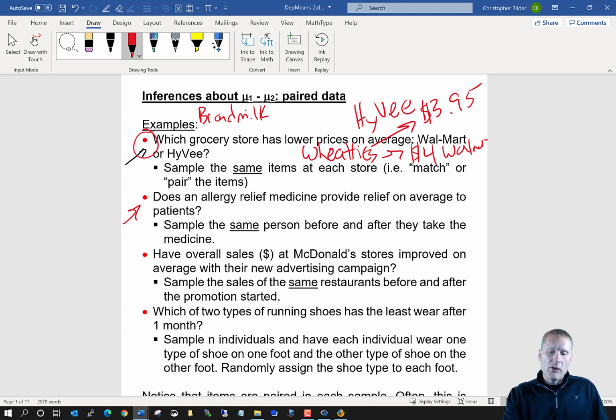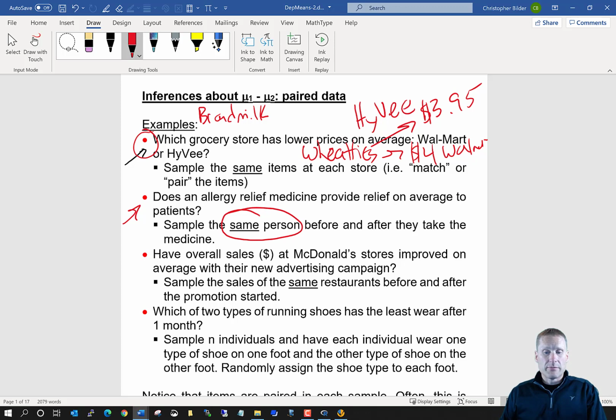The way they do it is that for the same person, before they take the drug, and then a couple of hours after they take the drug, they take some kind of measurements to determine if there is relief or not. They do this with one person, then a second person, and so on, so every single person contributes essentially two responses, before the drug is administered and after.